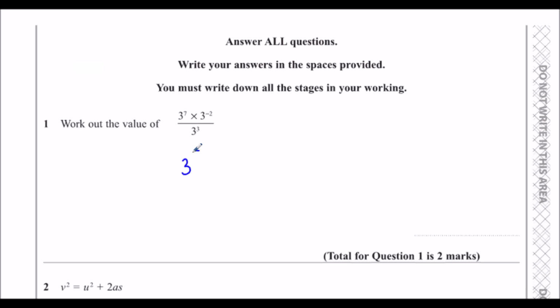So we've got 3 to the power of 5 divided by 3 to the power of 3. When we divide indices, we subtract the powers. So 5 take away 3 is 2. So we've got 3 squared, and 3 squared is 3 times 3, which is 9.